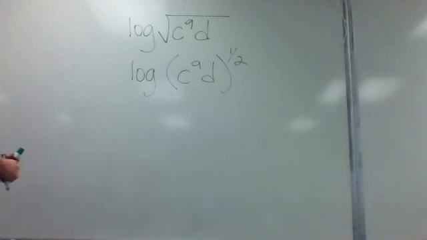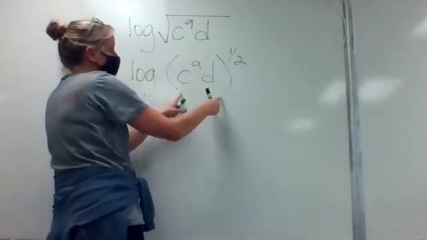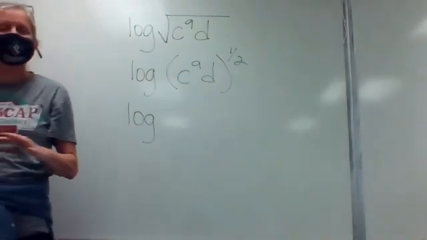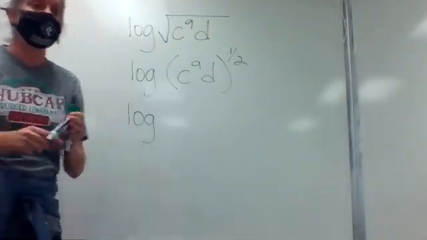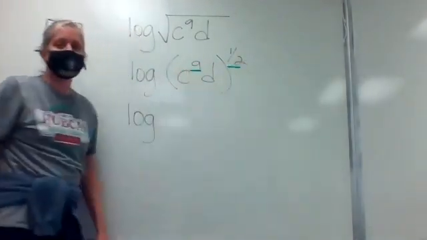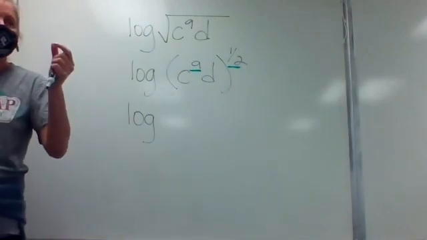So next, since everything in the parentheses is being raised to the 1/2 power, now I'm going to take that into account. The exponent rules are the same as they always are. If you are being raised to more than one exponent, you multiply those exponents together.